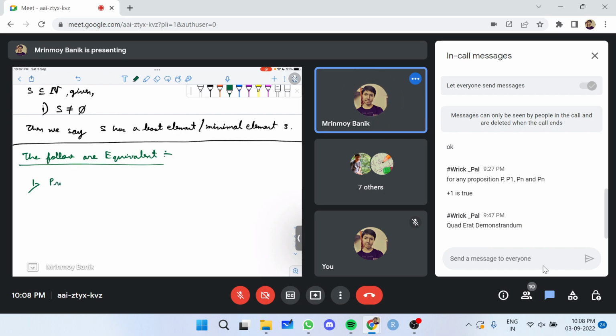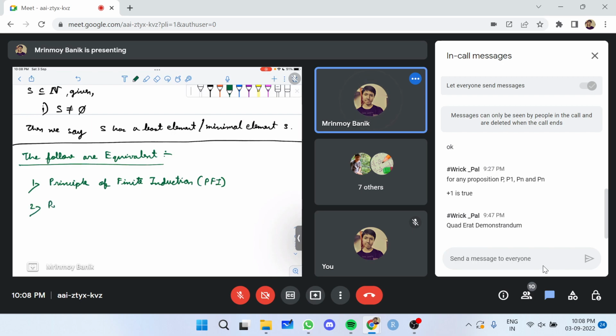Number one, principle of finite induction, also called PFI.